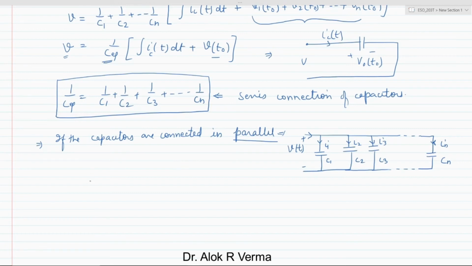So in parallel connection, if you apply the total current, this is the same node, right? This node is the same, because at this point all the capacitors are connected.